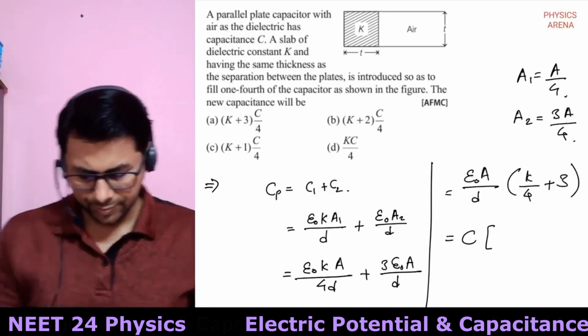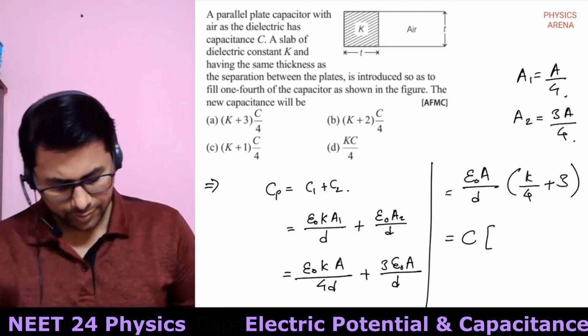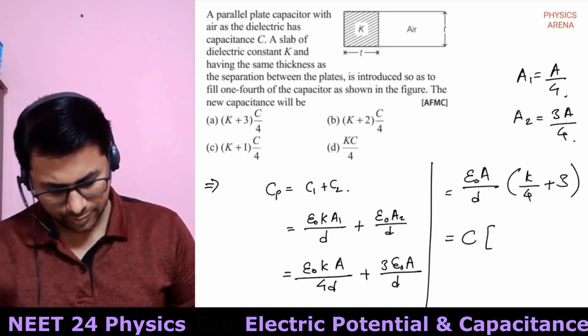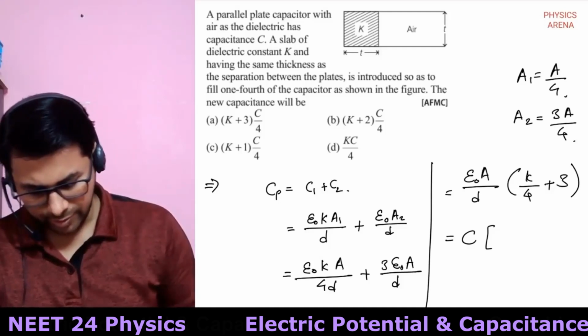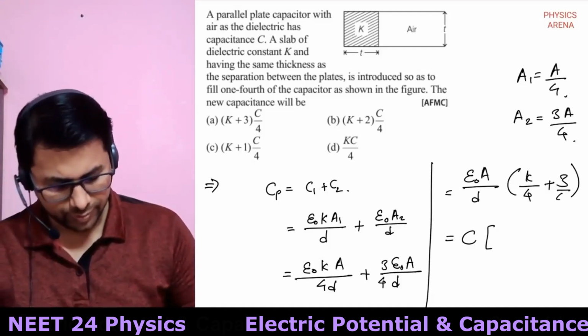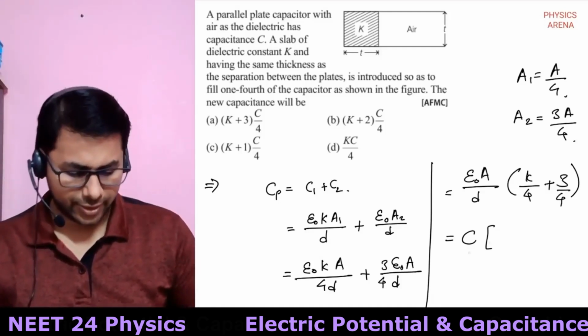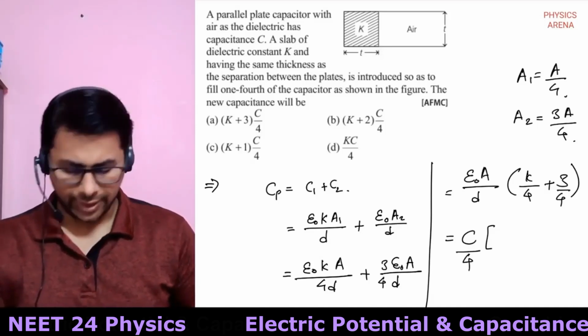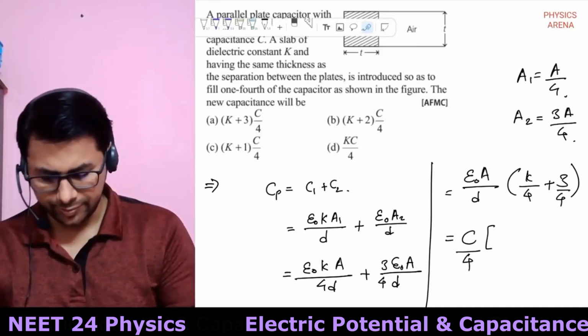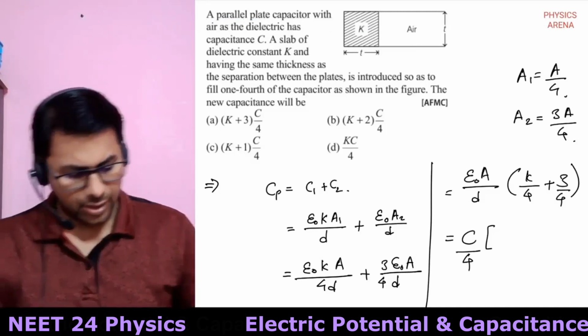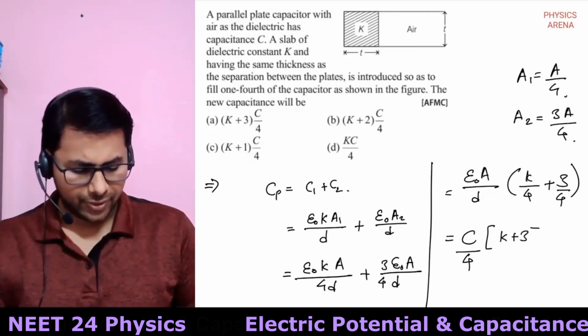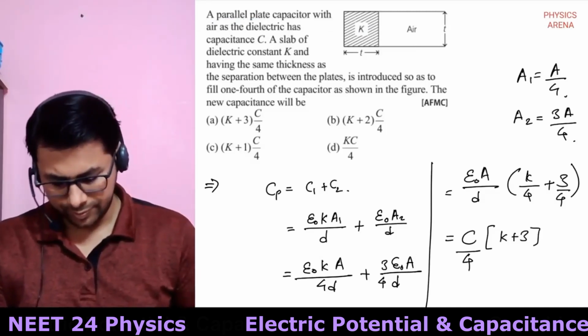It's not matching. Oh, this will be 3 by 4, no? Okay, so it is 3 by 4, right? You can take that 4 also outside, and then it will be K plus 3 only. So which option?